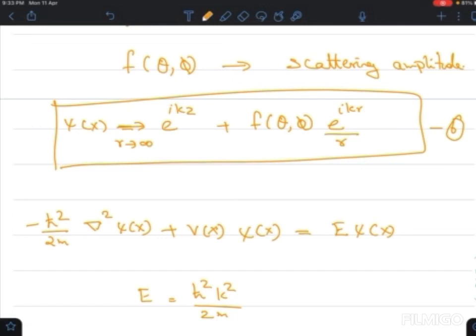So this is the relation I would like to tell about, the relation between the scattering amplitude and the scattering cross section.